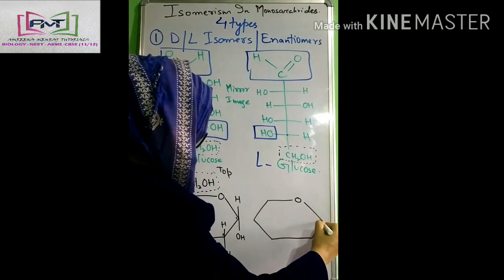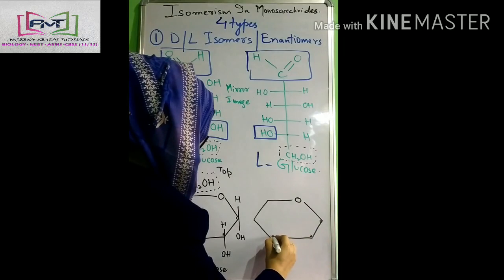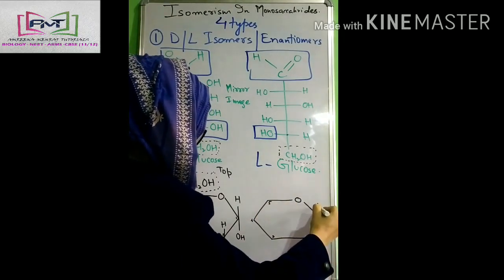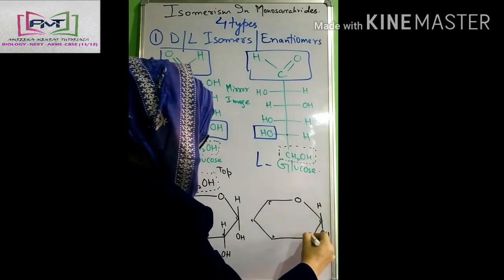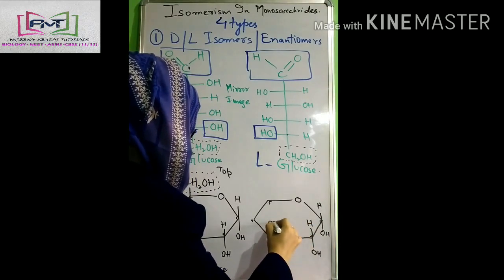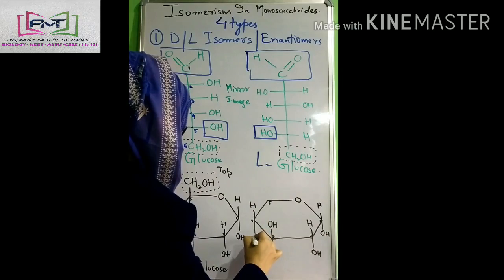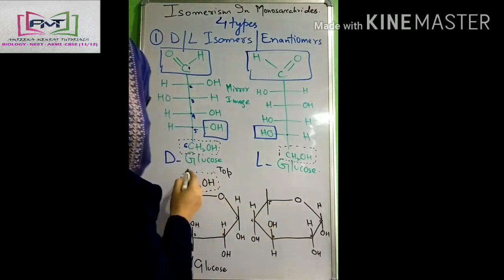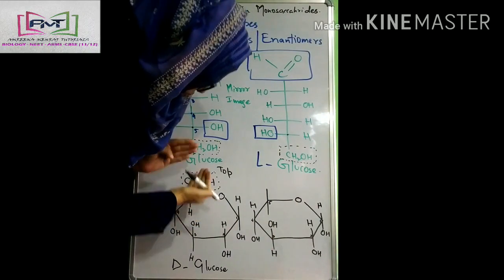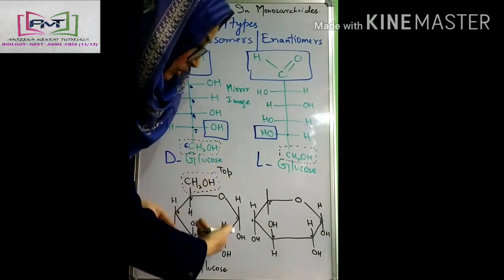This is carbon number 1, 2, 3, 4, 5. H, OH, H, OH, OH, H, H, OH. Now, if I shift this CH2OH downward, it will not remain on top, it will come to the bottom.